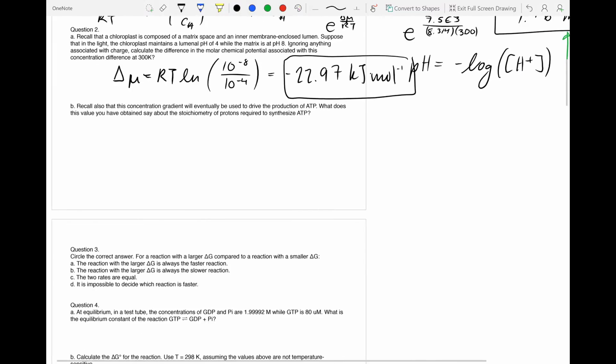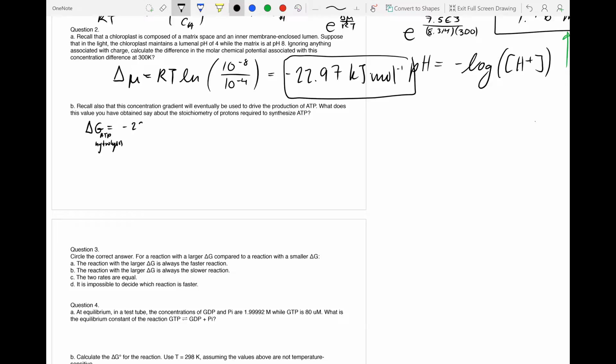The next part asks us, recall also that this concentration gradient will eventually be used to drive the production of ATP. What does this value you have obtained say about the stoichiometry of protons required to synthesize ATP? So I believe it's the change in free energy of ATP hydrolysis.